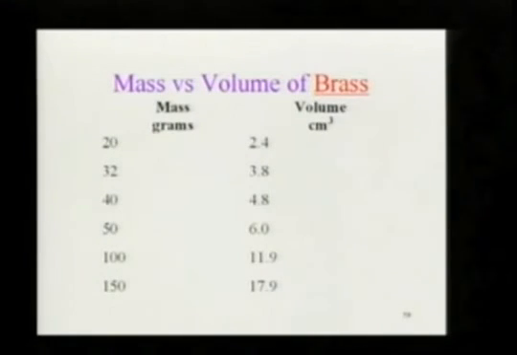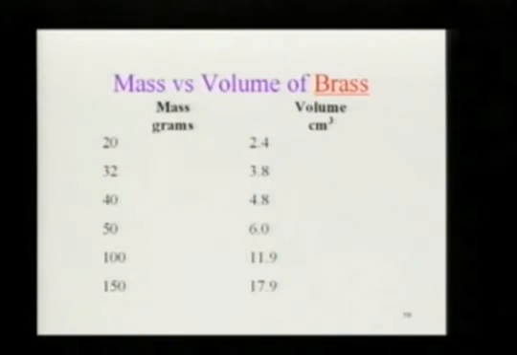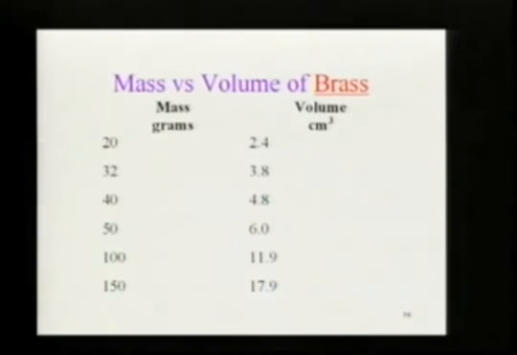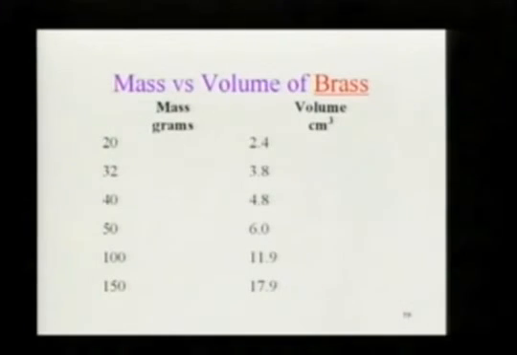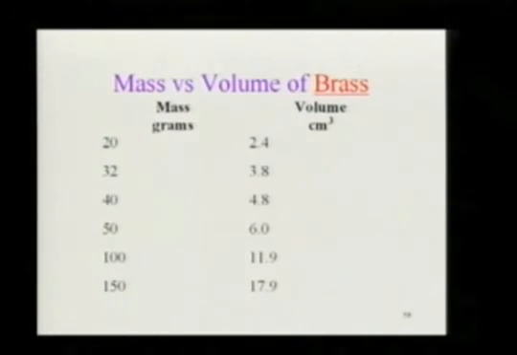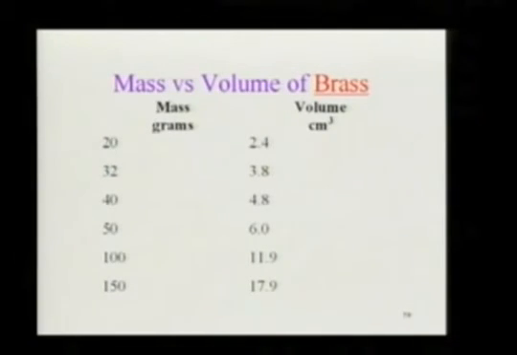I can calculate the volume very easily. Say I have different cubes of brass. I have a 2.4 cubic centimeter block. I mass it. It weighs 20 grams. I get a bigger hunk of this same sample of brass, and compress it into a 3.8 cubic centimeter block. I find that it weighs 32 grams, and so on and so forth.